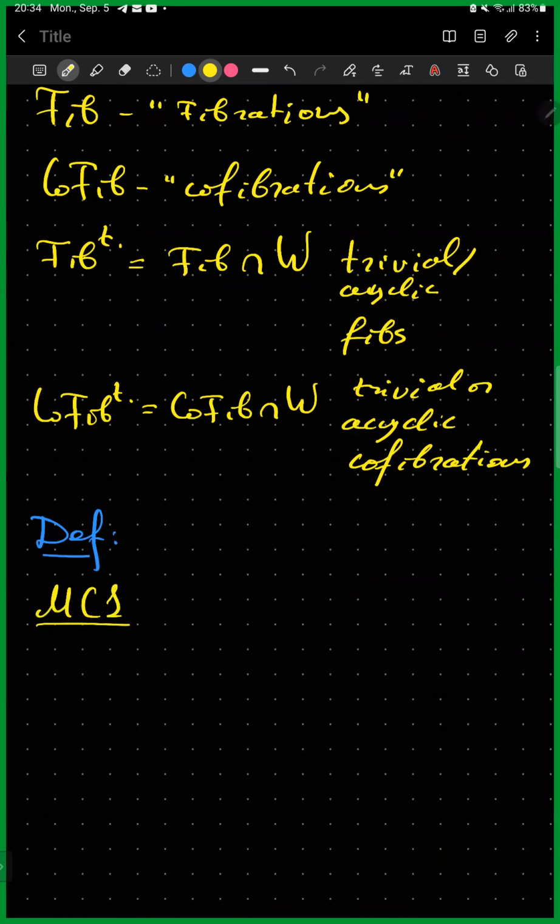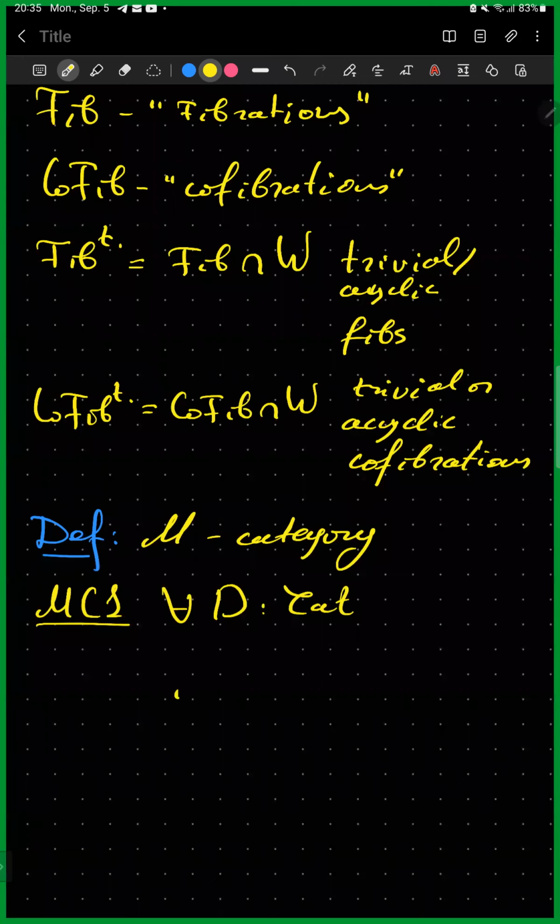So we have 5 axioms of a model category. Let M be a category. We say that it is a model category if it satisfies 5 axioms. The first axiom is that M is bicomplete. So let D be an arbitrary small category.